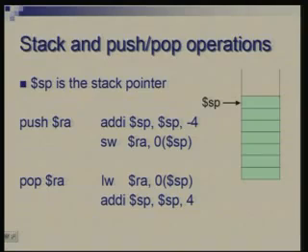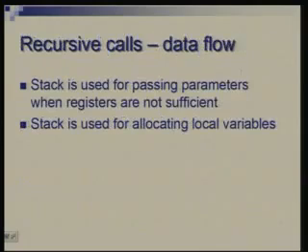So these are the instructions which you would use to save and restore the value of the return address. This has taken care of the control flow in a recursive environment. We are ensuring that information about return doesn't get lost.